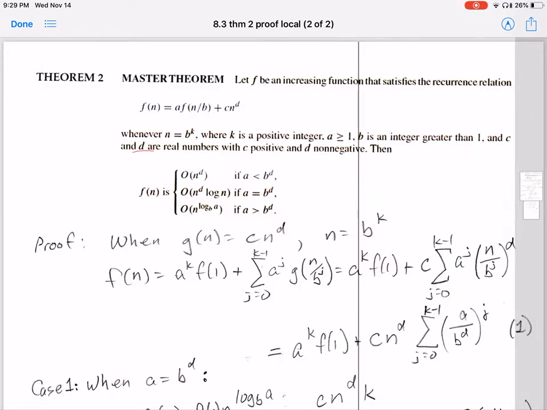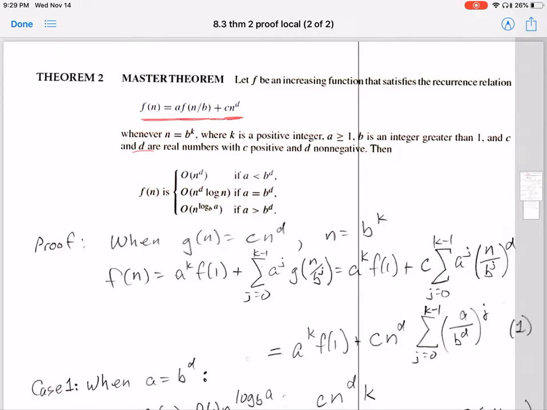Here, for the master theorem, we will have the conquer portion be a power of n times c, but everything else in the divide and conquer relation will stay the same.